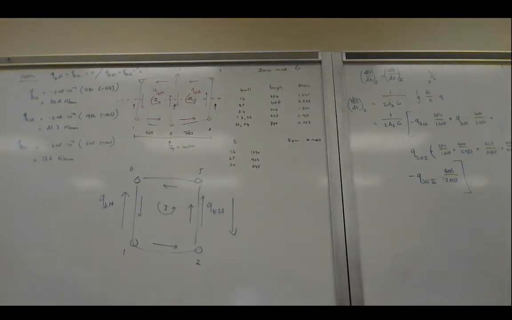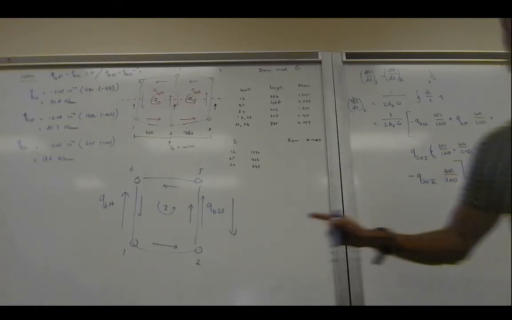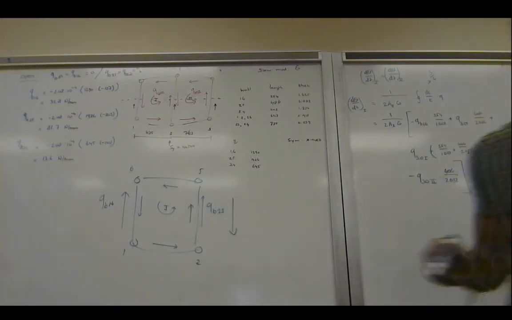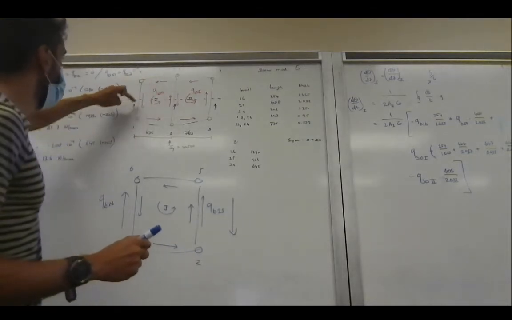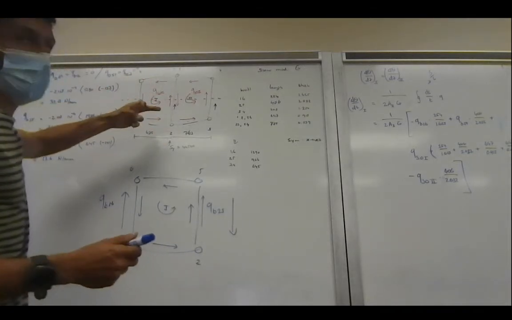Is that a division sign? That's not a division sign, it's just separation. So, just like a quick recap, why did we add all the lengths and their thicknesses for QS01? Because QS1 is a constant shear flow. So the value of the correction shear flow in cell 2, 5, 6, 6, 1, and 1, 2 is the same.